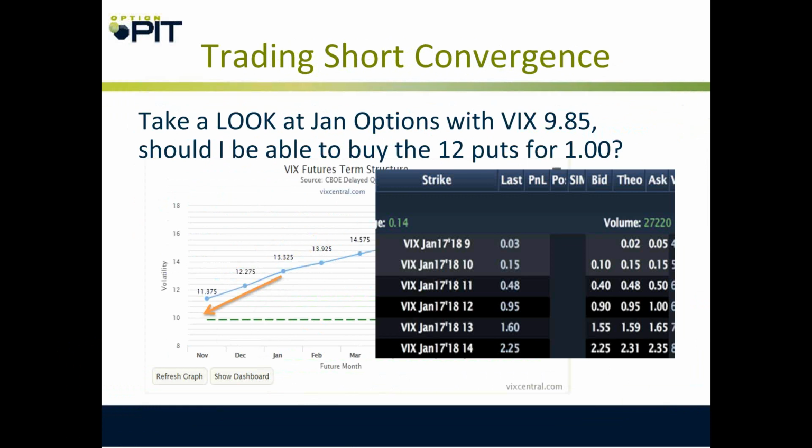All right, 11. What is 11 minus 9.85? 1.15. So should I have a $1.15 difference between where the underlying is and how much I'm buying my put for?